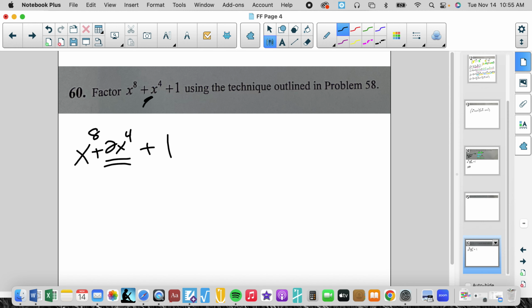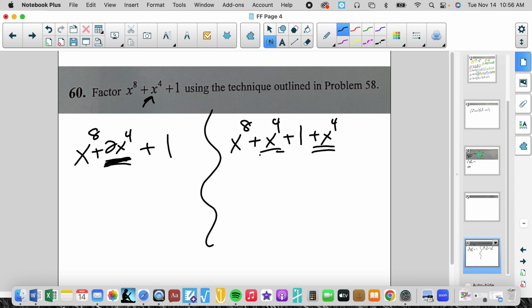And we only have 1, so we're going to add an x to the 4th in order to get this. And then we can't just add things to an expression. We have to have something minus it. So since we're introducing this value, we also have to balance it by writing its negative. So we get back to the original problem.